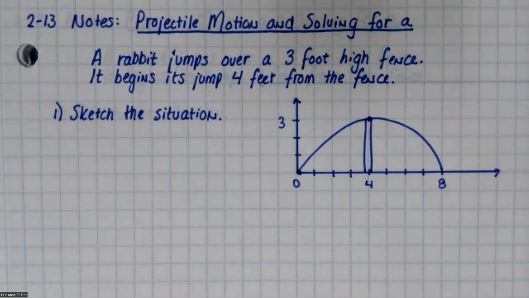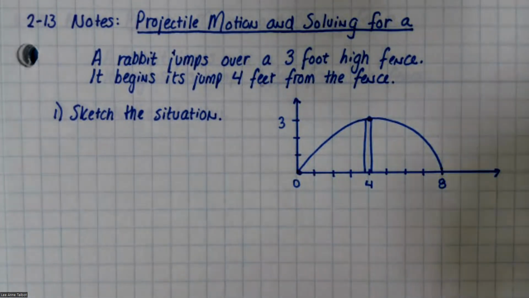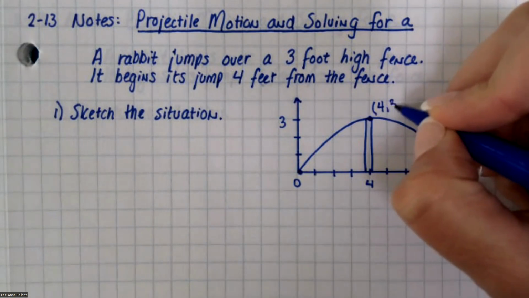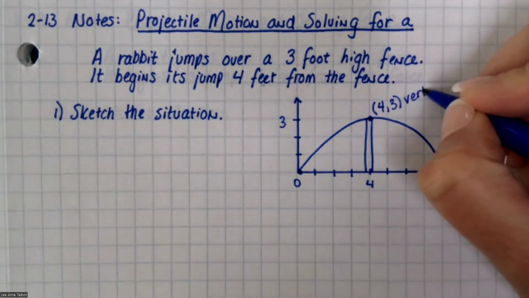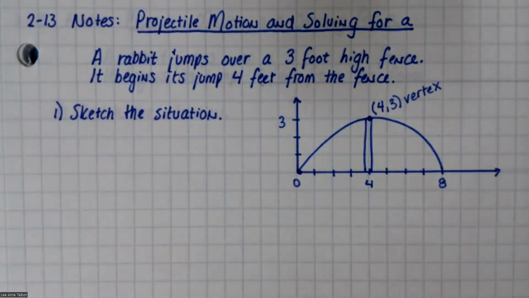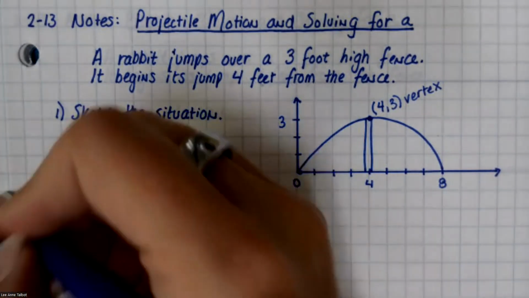Like this mathematical modeling. Okay, and then the last thing I'm going to do on my sketch is label the vertex. Anybody have any questions about my sketch? Does it seem reasonable? Okay. Step 2.